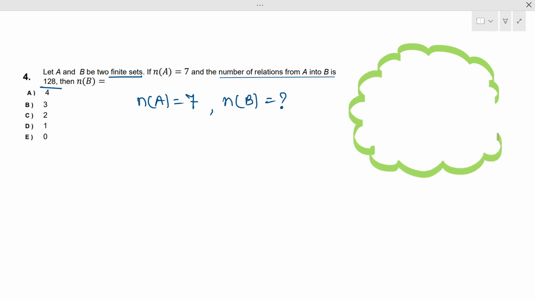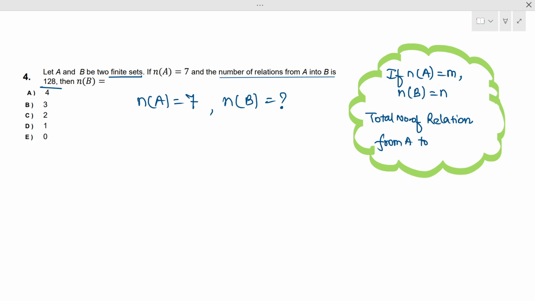Let's see this. We know that if the number of elements in A is m and the number of elements in set B is n, then the total number of relations from set A to set B is equal to 2 to the power m into n, right?